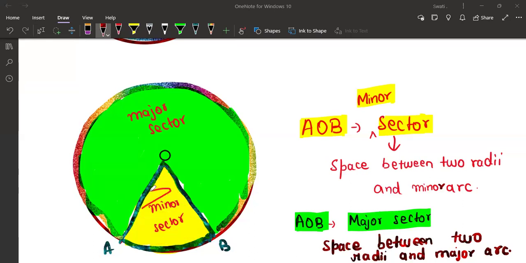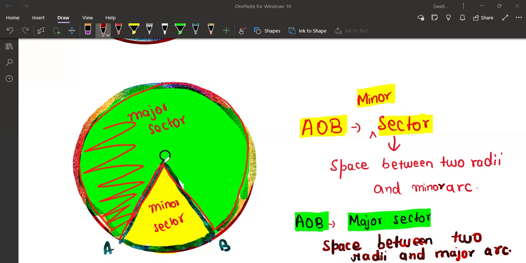Now, these are the two radii and this is the major arc, so the space between them is called the major sector.